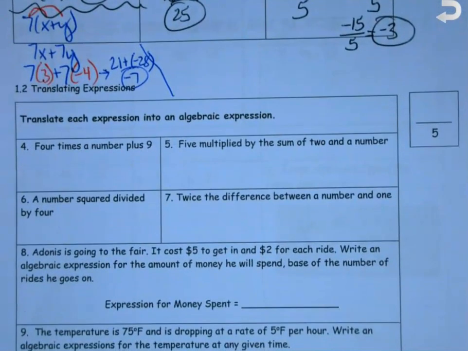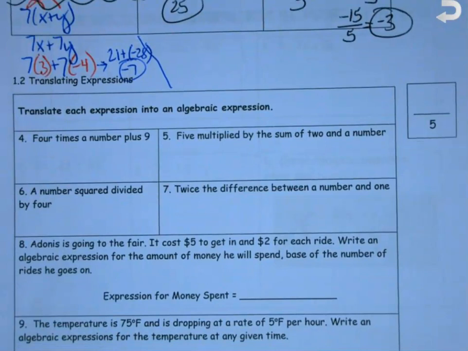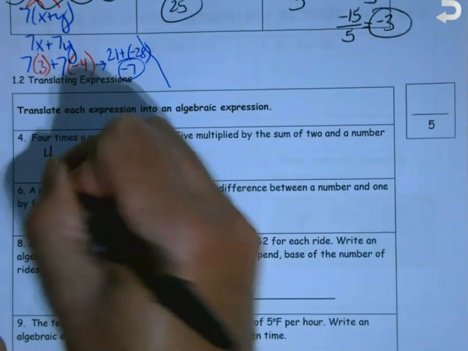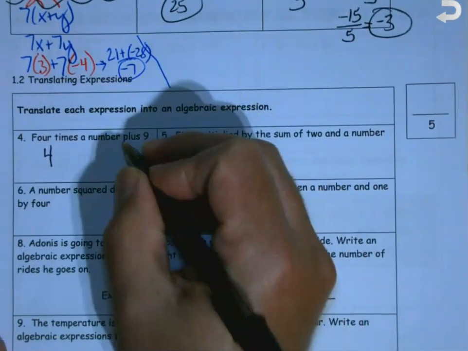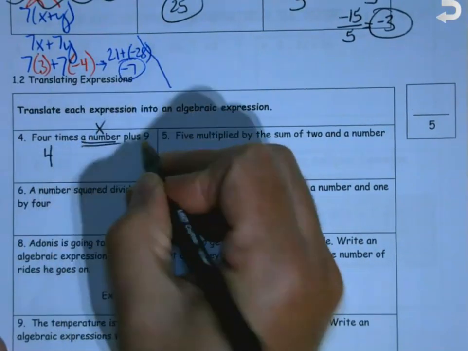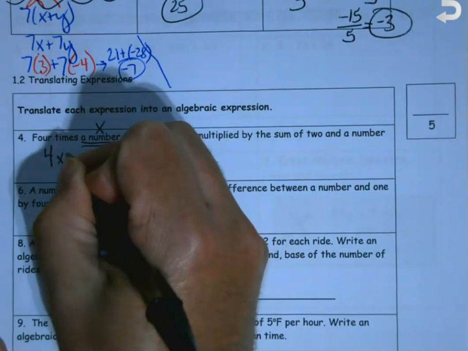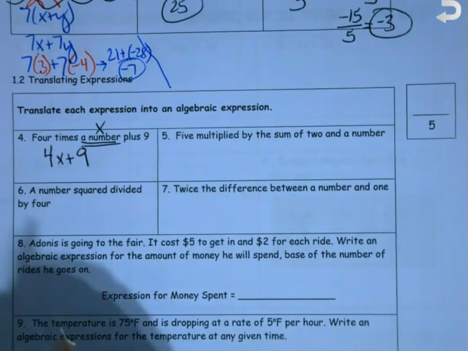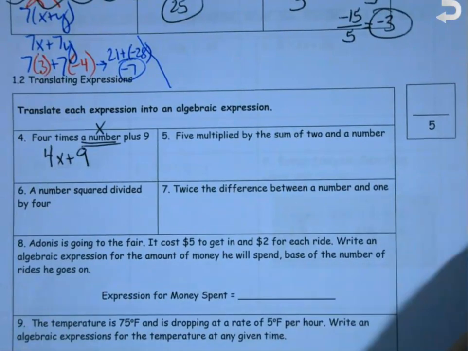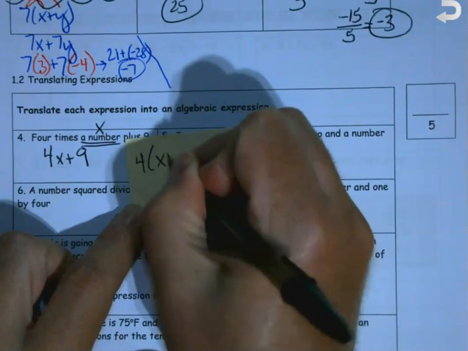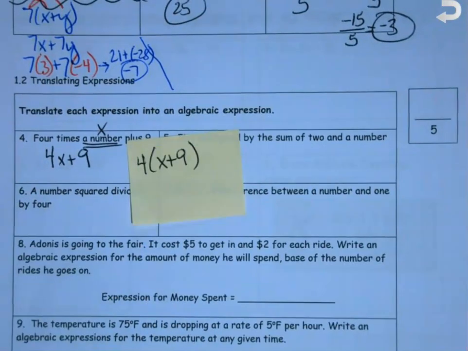Okay, translating each expression into an algebraic equation. 4 times a number, again, a number is pick your own variable, plus 9. Now, you're like, Hardy, is it this? You know the Post-its are coming back. Or is it this? Or does it even matter?